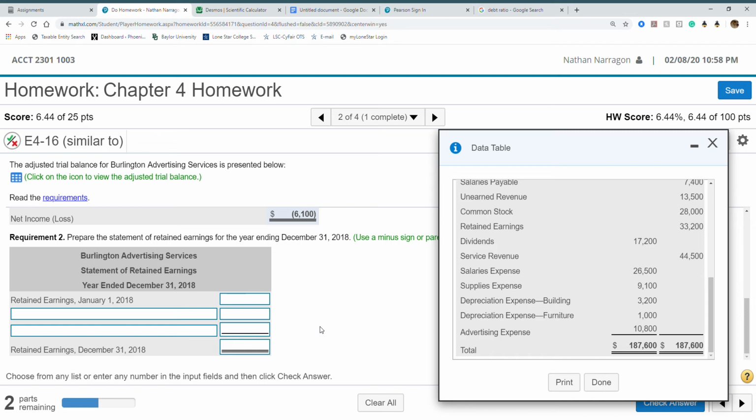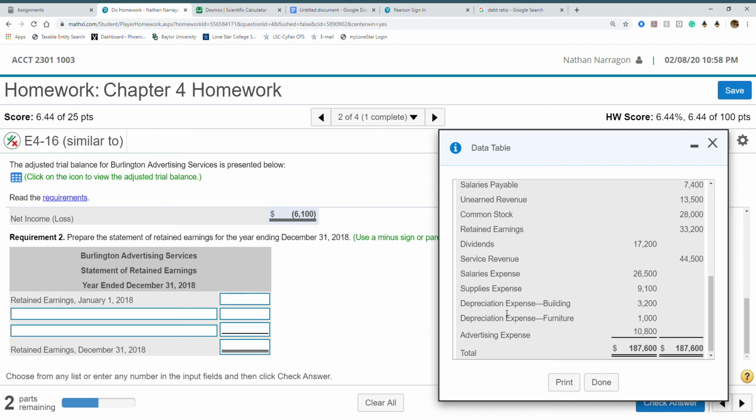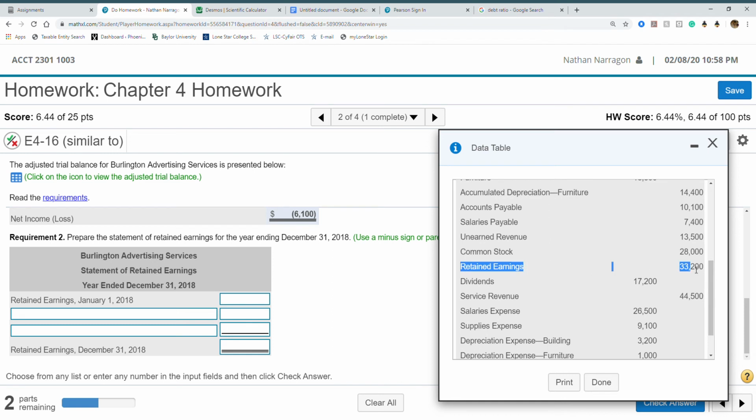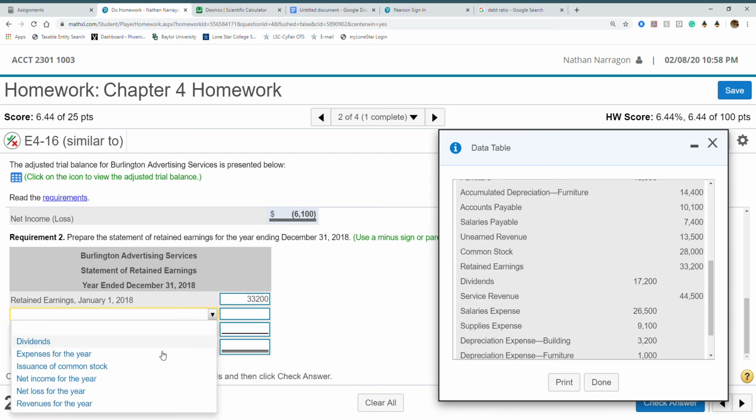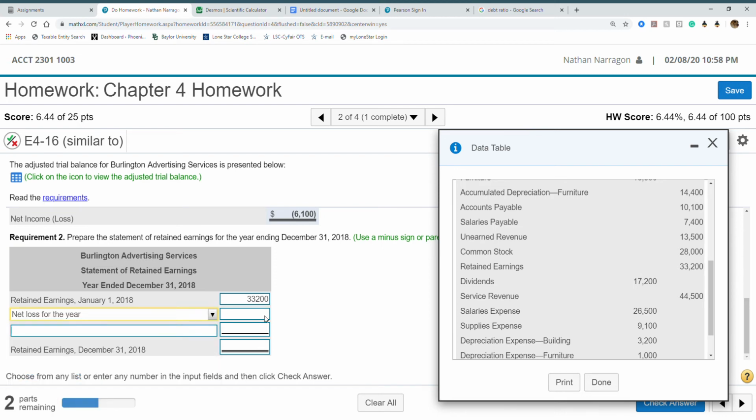Next is doing the statement of retained earnings. So retained earnings on the adjusted, if there's a number, it is always that number to begin with. Okay? And then of course we always add our net. Well, we actually have net loss. So we usually add them. It's negative.